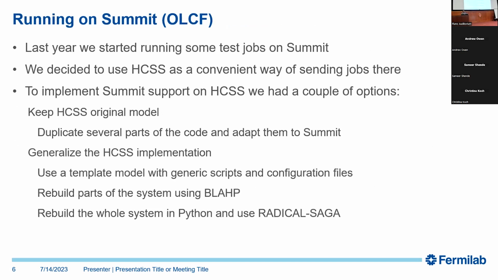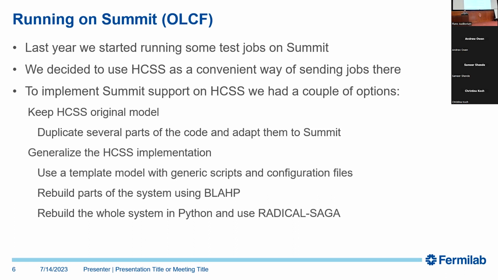So last year, we decided to start running some tests on Summit on Oak Ridge. And of course, we needed a way to submit jobs there in a more automated way. So we decided to use HPSS as a convenient way of sending the jobs there. So to do that, we would have to implement support for Summit, right?